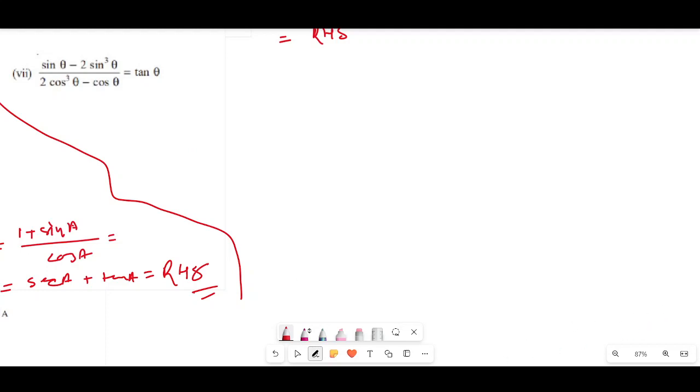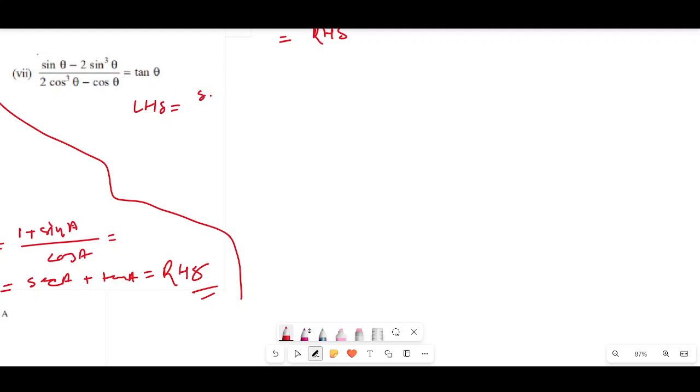Here this is a very simple question, because it is connected to the first formula, sin square theta plus cos square theta, clear? Equal to 1. Then left hand side of the question, here we will write in this way: sin theta minus 2 sin cube theta.